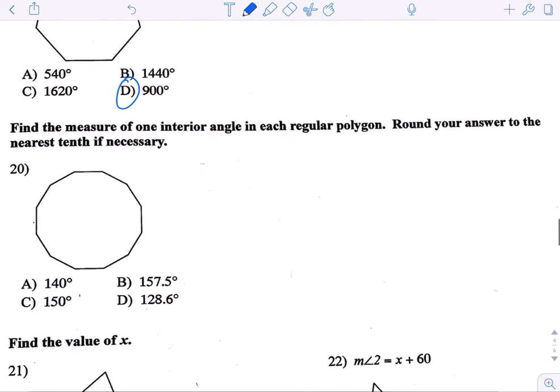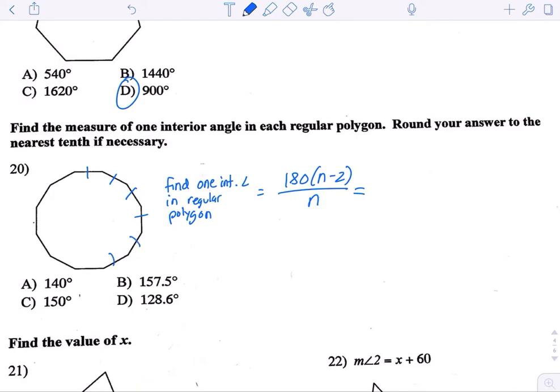Okay, this is the one, find one interior angle in a regular polygon. And this is the formula: 180 times n minus 2 all over n. So sides-wise, we have 1, 2, 3, 4, 5, 6, 7, 8, 9, 10, 11, 12.